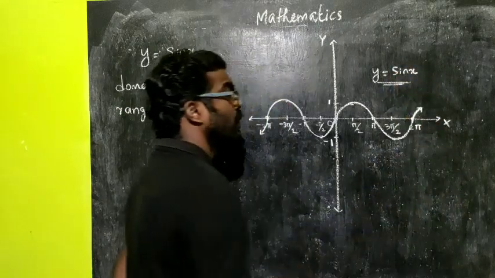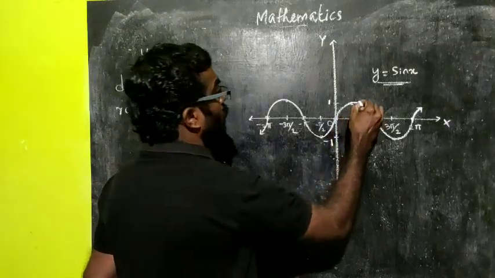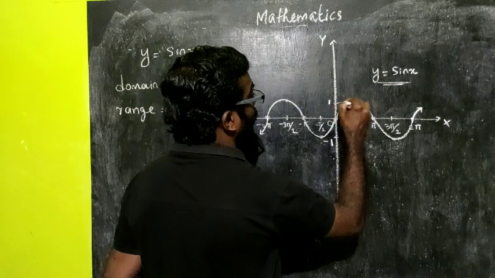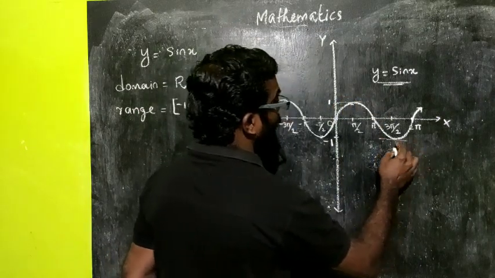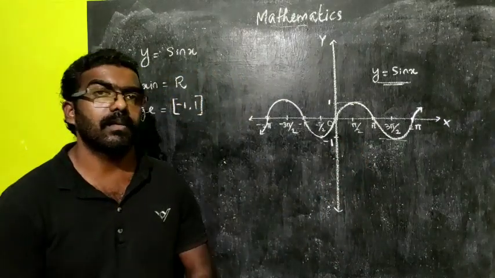So here one thing you have to remember is the maximum value of the function sin x is 1 and the minimum value of the sine function is minus 1. Clear?